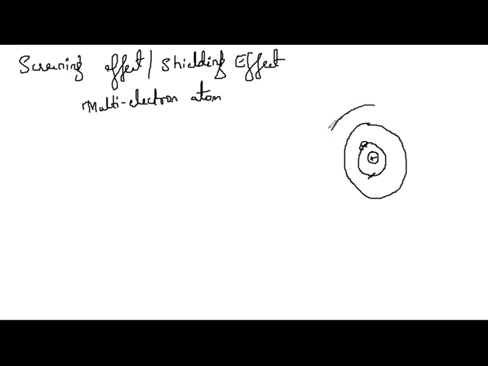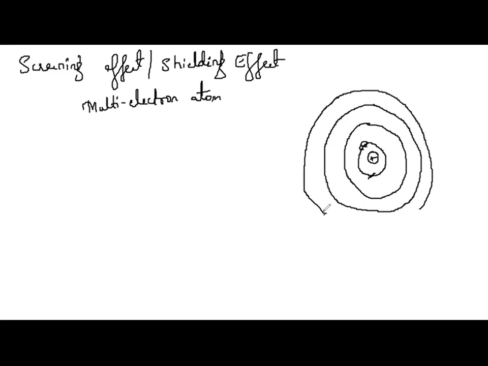Second shell, third shell. Okay, so there are electrons. Let me indicate them differently. So there are electrons here, and there is one electron here. Let me write the electrons like this.